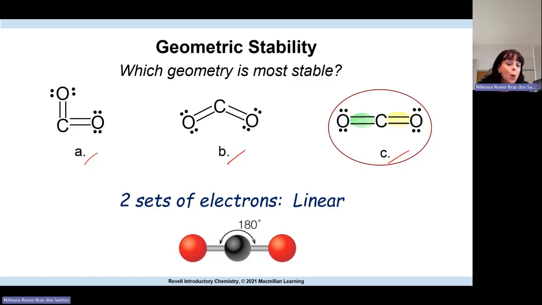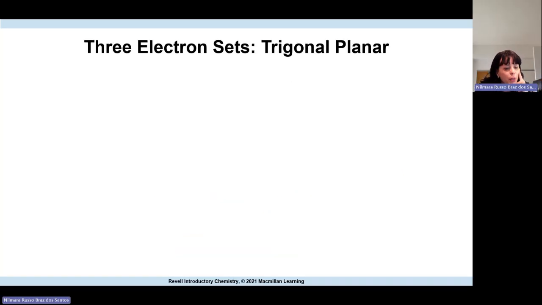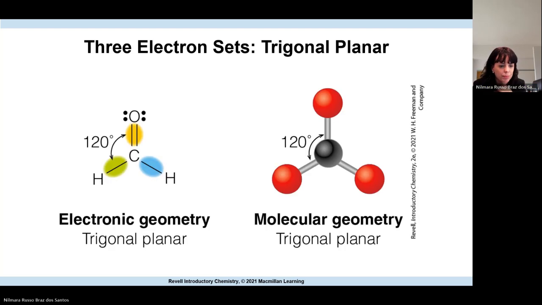If you have 0 non-bonded pairs, you can have a trigonal planar, like this. It's trigonal planar because they are in the plane, okay? So when you have 3 atoms attached to the central element, and the central element has 0 free non-bonding pairs, then we're going to have a trigonal planar.